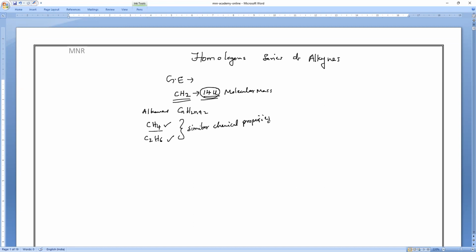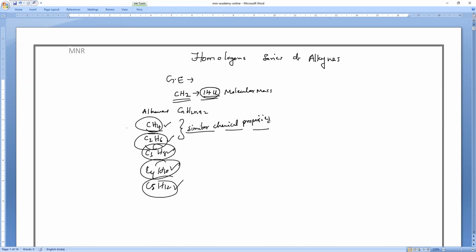For example, if the first compound reacts with chlorine, then all the other compounds, C2H6, C3H8, C4H10, C5H12, will also react with chlorine. If the first compound reacts with oxygen, then all the remaining ones also react with oxygen. That is what we mean by similar chemical properties.